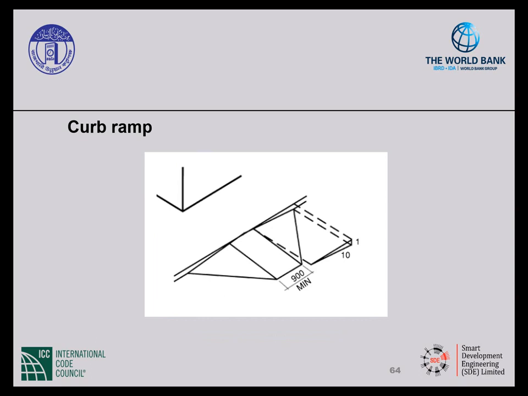If locating the curb ramp in the vehicular way is unavoidable, this is how you would construct it. The curb ramp is still 900 millimeters wide. You have flared sides on either side with the slope of 1 in 10. And what this picture doesn't show is the detectable warning at the base of the ramp. You would still need to provide that.